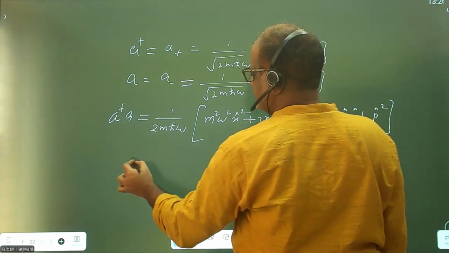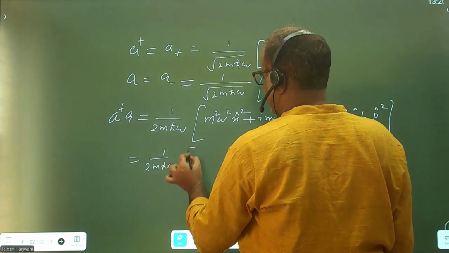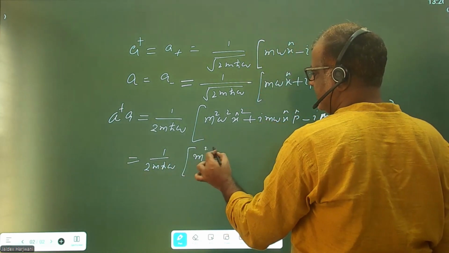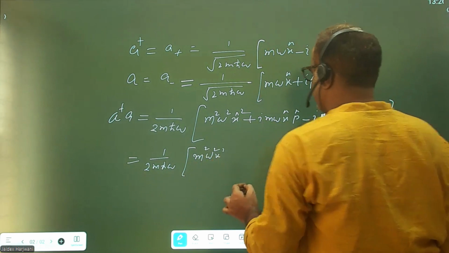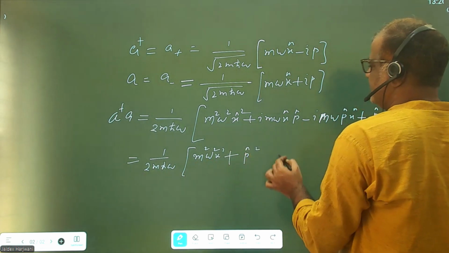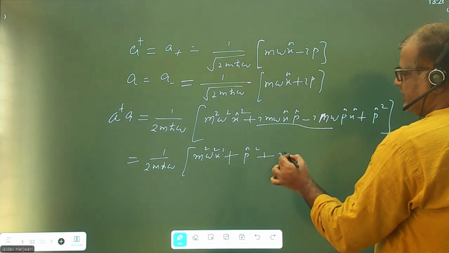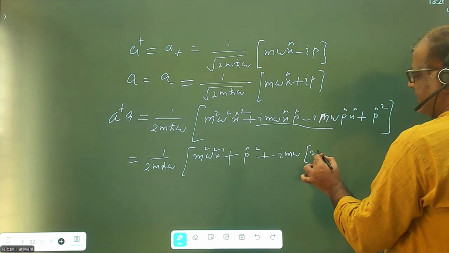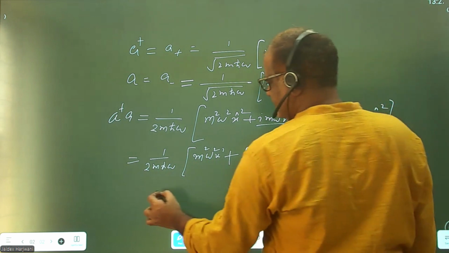If I solve this, it gives m square omega square x square plus p cap square, and then the commutator: if I take iota m omega common, this becomes x commutator p.